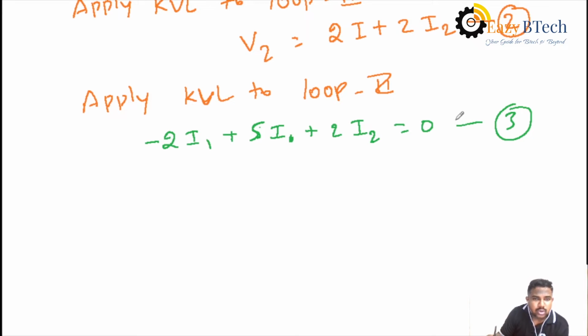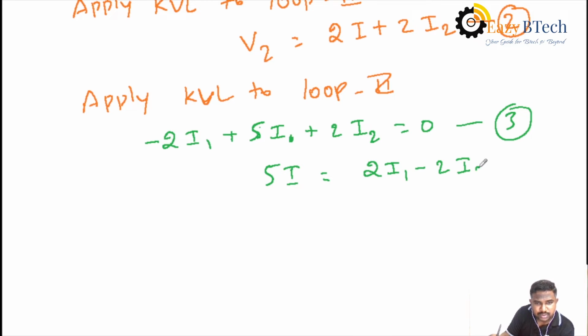You have to find out V1 and V2 voltages in terms of I1, I2. That's why from the third equation, you have to find out the current value I. That is 5I equal to 2I1 minus 2I2. That is I equal to 2 by 5 I1 minus 2 by 5 I2.